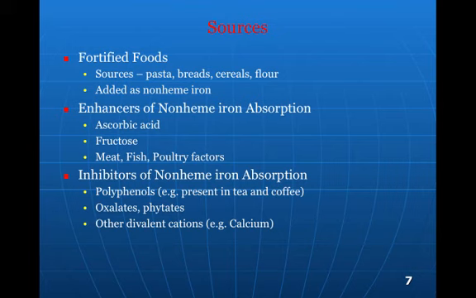And then other divalent cations, something like calcium, it's not recommended to take calcium and iron supplements at the same time because one of the reasons is they compete for a similar transporter because they're both positively charged, and calcium is usually present in the gut at higher amounts than iron. So it will decrease iron absorption efficiency. It can.